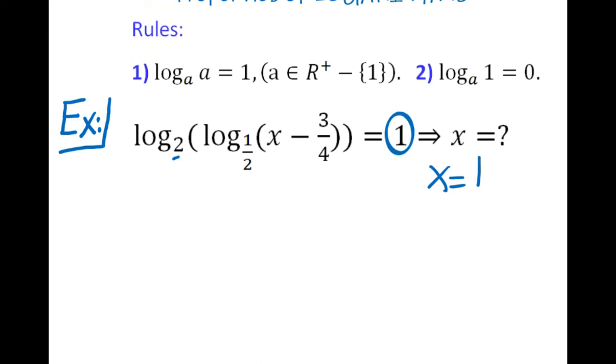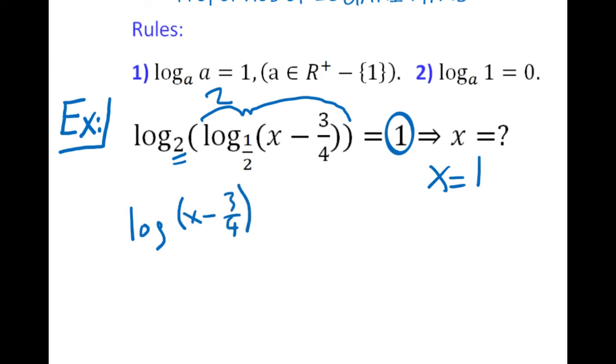So here we have 2 as a base. That means, guys, here we should have 2, so that logarithm of 2 in base 2 is 1, right? So let me write the inside: logarithm of x minus 3 over 4 in base 1 divided by 2 should be equal to 2, guys. Okay, should be equal to 2.